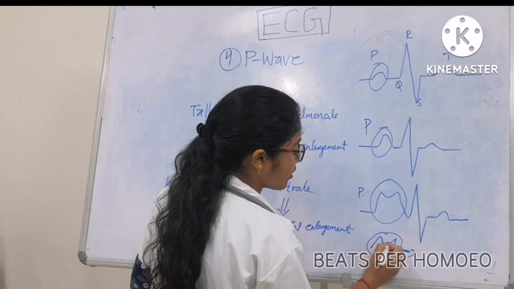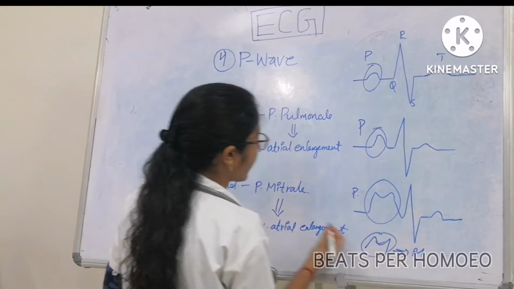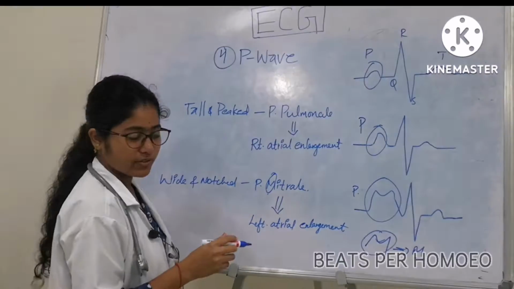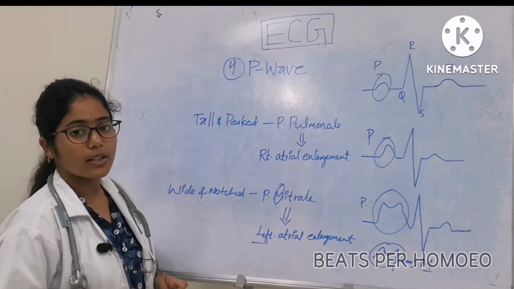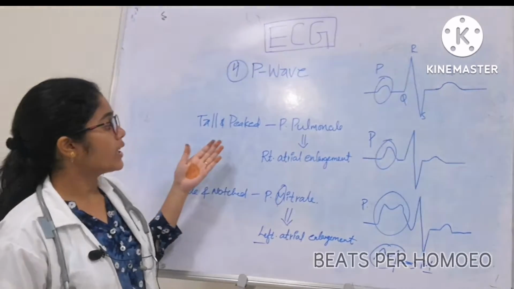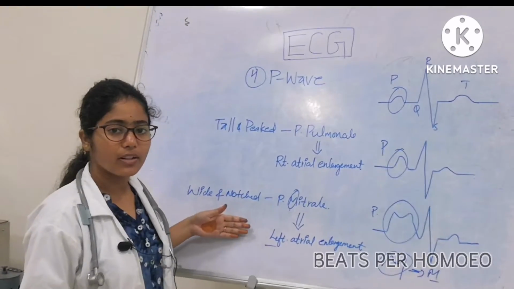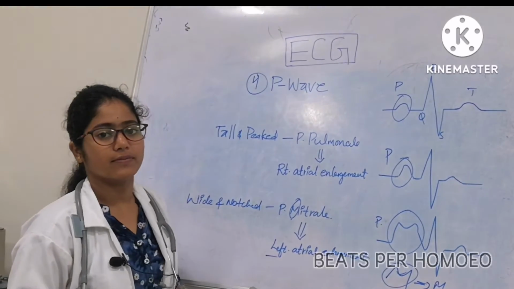The wide and notched shape resembles the letter M, so that we can remember it as P mitrale, and it indicates left atrial enlargement. So we can interpret whether there is right atrial enlargement or left atrial enlargement with the help of the P wave.